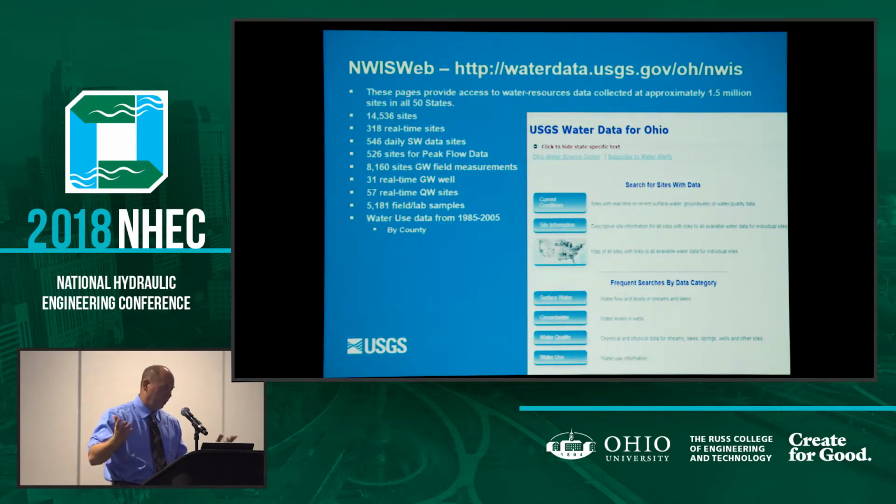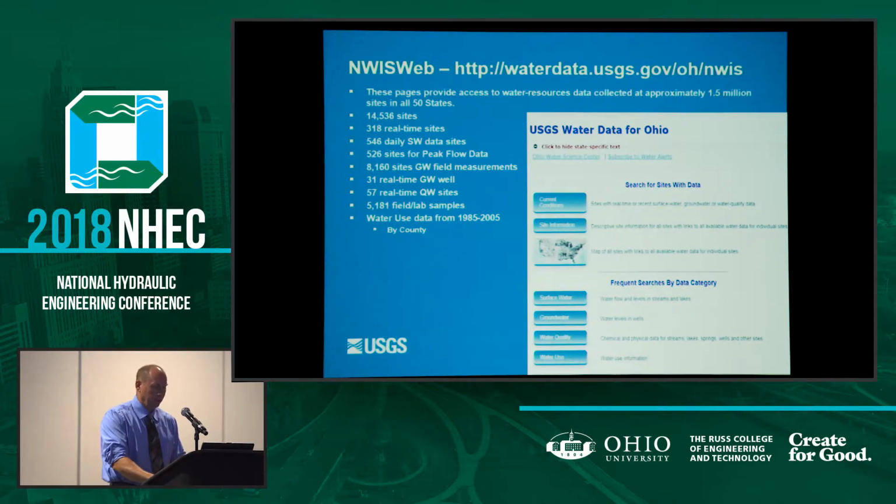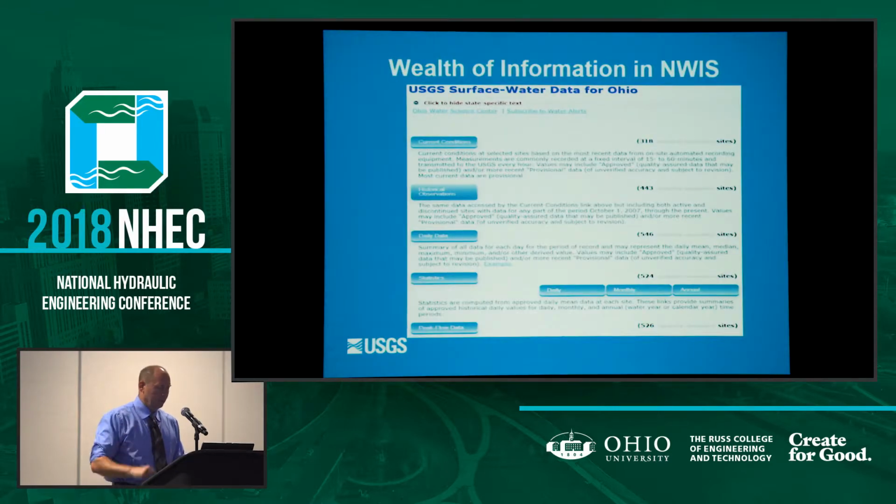In Ohio, we have 14,000 sites, but you can pull off any kind of peak flow data. You can pull off groundwater measurements. You can pull off water quality. And you can pull off water use by county. It's just a wealth of information that's available at your fingertips, basically. And that leads into my next slide.